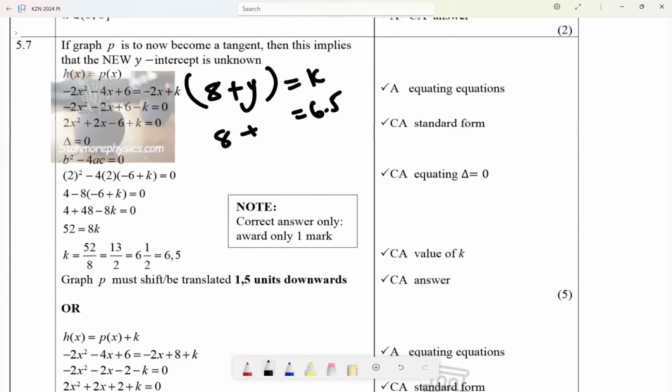So 8 plus whatever the new y value is equal to 6.5, then y is equal to 6.5 minus 8, which is negative 1.5.